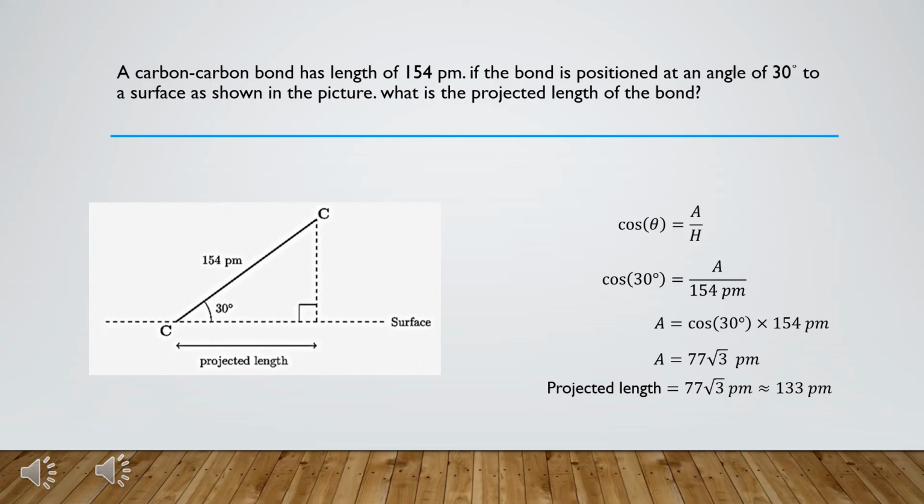So we can use the cos formula, cos theta equals adjacent over hypotenuse, where theta is 30 degrees and the hypotenuse is 154 pm. After we make the calculation, we find A is equal to 77.3 pm. Therefore, the projected length equals 77.3 pm, or approximately 133 pm.